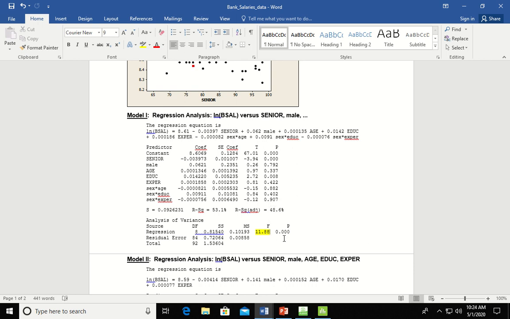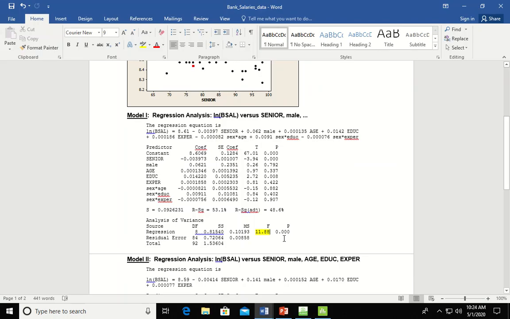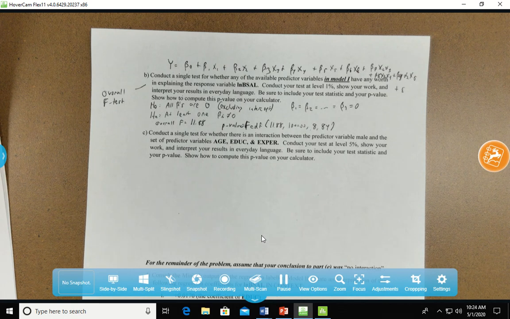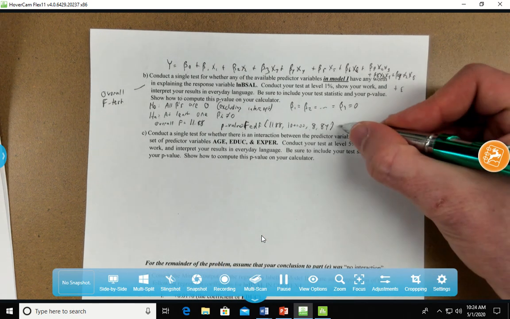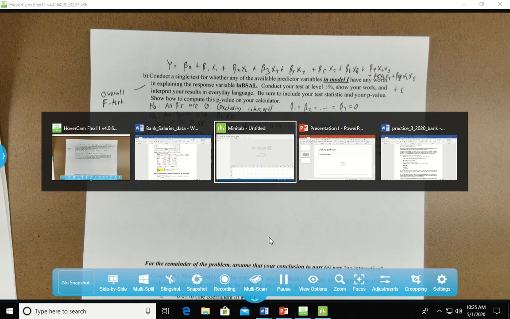To see where that would be, remember this is degrees of freedom here for the regression, and the residual gives you the 84 degrees in the denominator. And so that's 11.88. And so here's my overall F, my p-value, and that's essentially 0. Let's do that on Minitab.